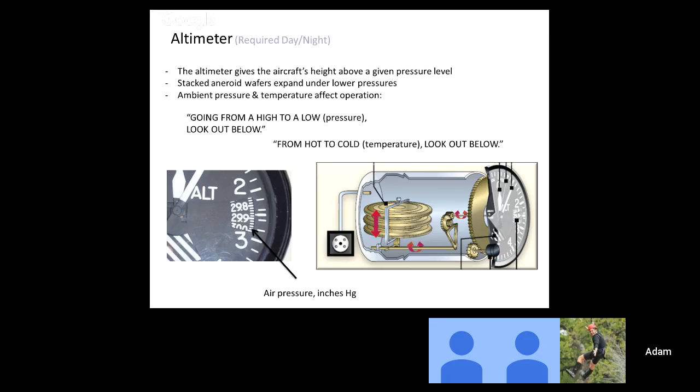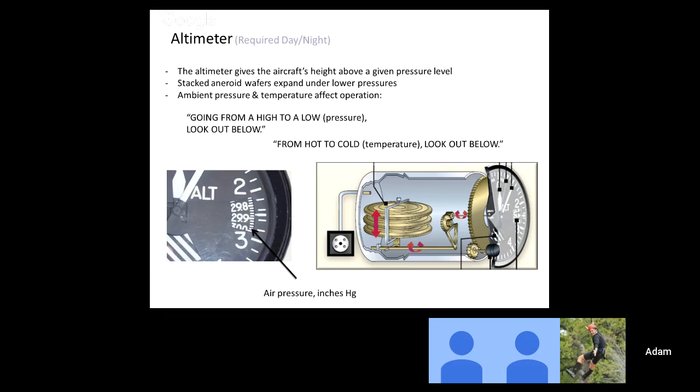And when you set that pressure setting that you get from the airport, it's going to give you your altitude above sea level.